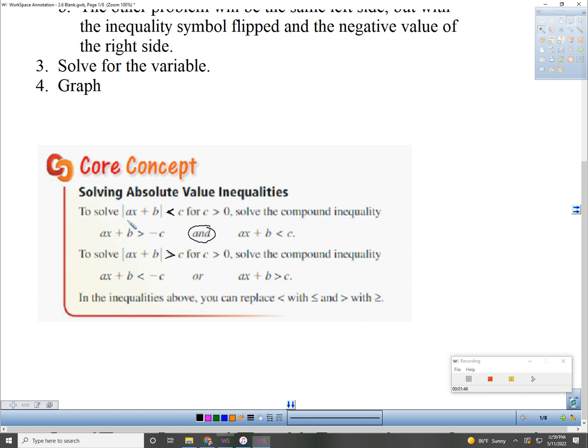So I would keep this left side the same, and I would flip the symbol, and I would change the sign over here to a -C. The other one is the same thing that's on the left, and then the same part right here. Same thing for this one. One of them is going to be exactly the same, and then one of them is going to be a flipped and an opposite of this sign over here.